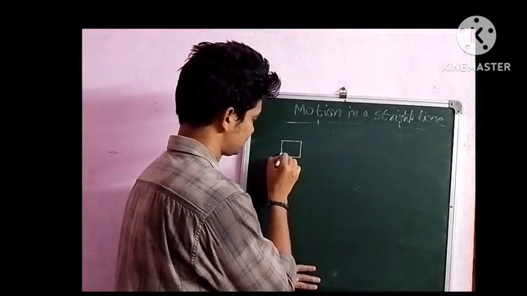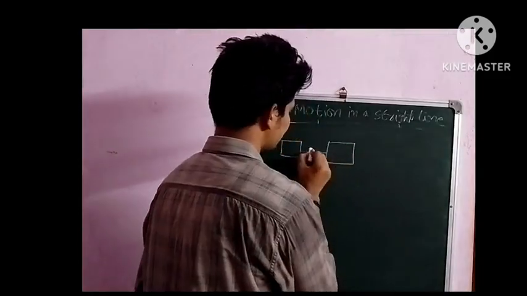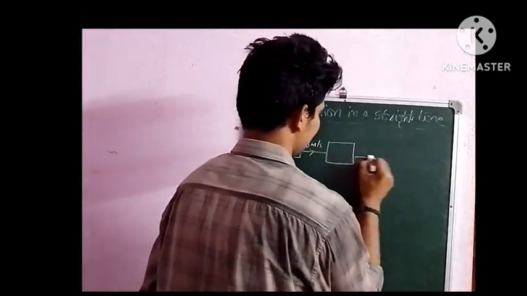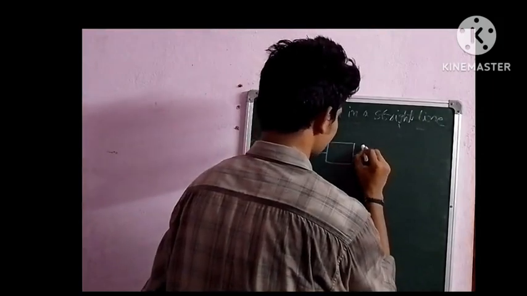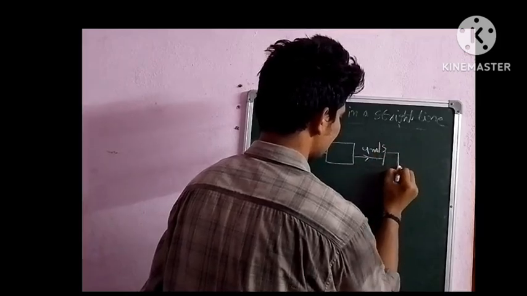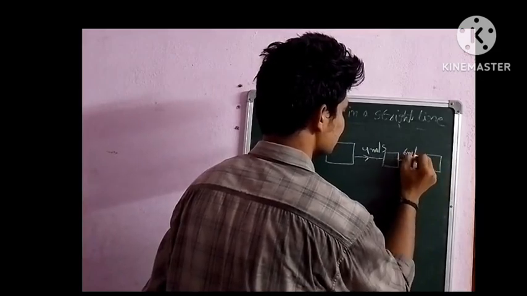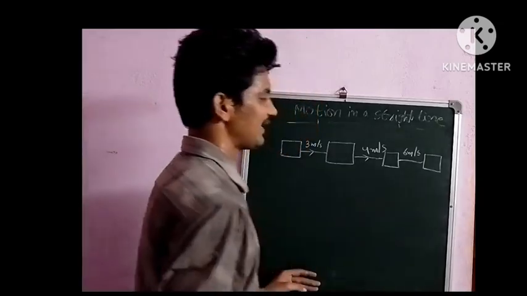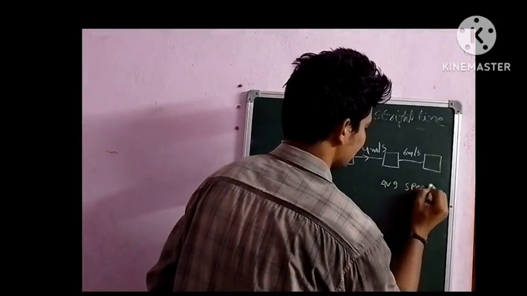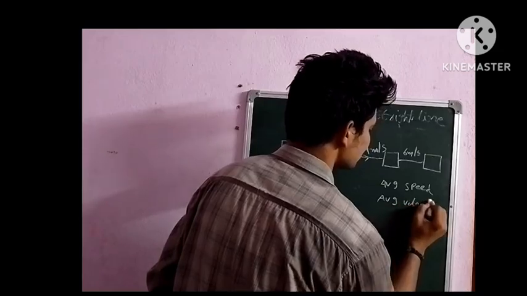Next we take some examples on average speed and average velocity. One guy covers 3 meter per second. Another time he covers 4 meter per second. Another time he covers 6 meters per second. What is the average speed and average velocity?